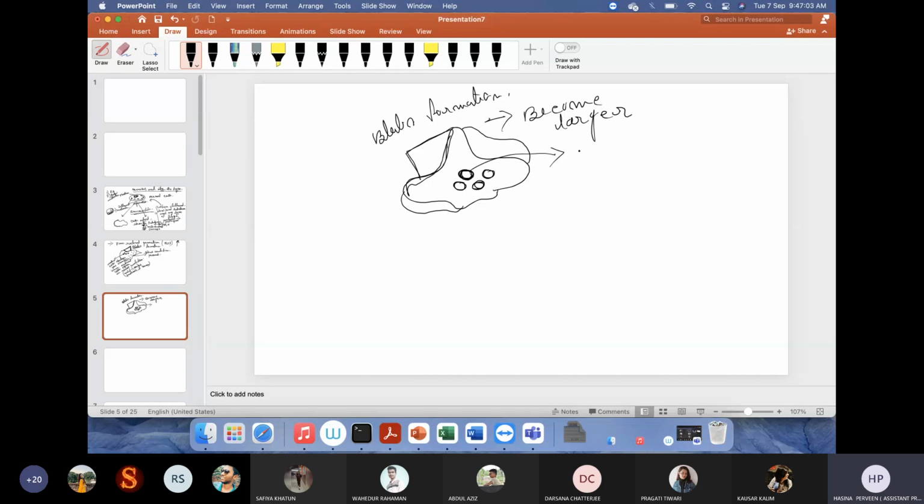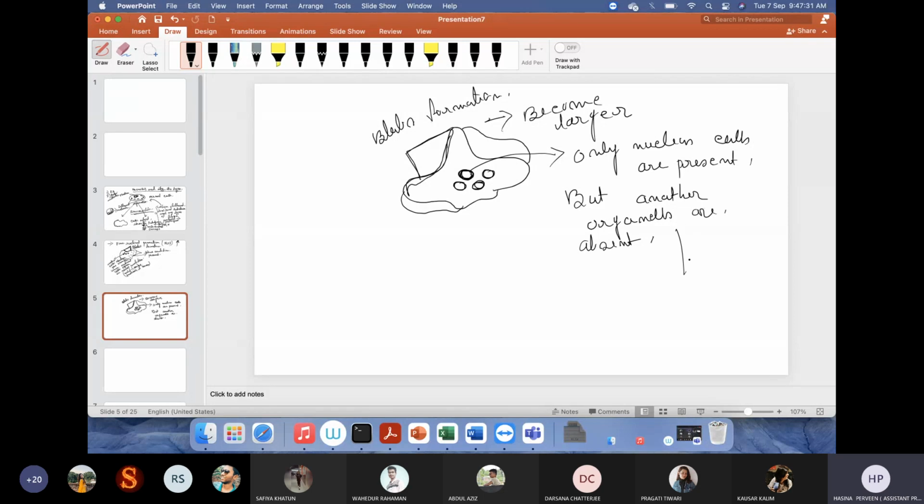That time only nucleus cells are present, but other organelles are absent.